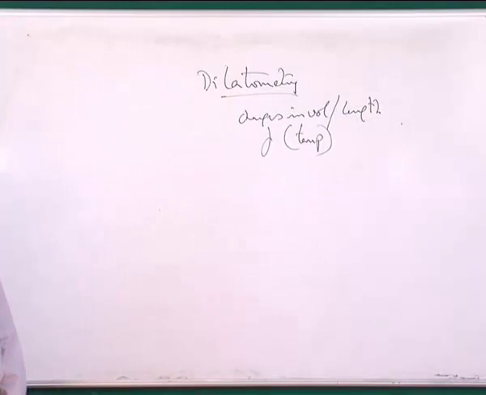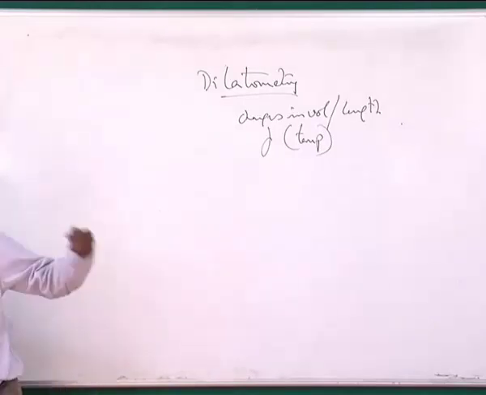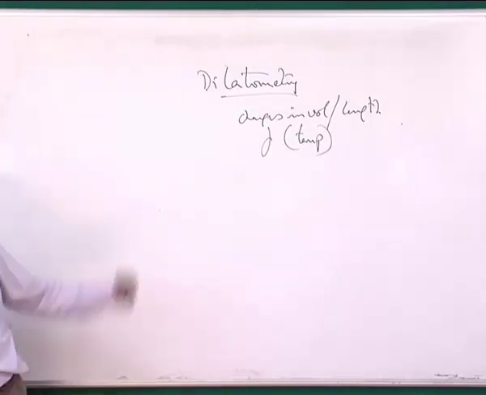And what do we use it for? If you want to know the coefficient of thermal expansion of certain materials, how materials expand as a function of temperature, we can use this to find out the thermal expansion.